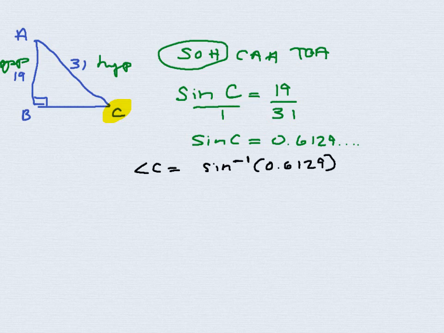I'm okay if you skip this step and go directly down to the answer. With the calculator, angle C is going to equal 37.8 degrees if you round to the nearest tenths.